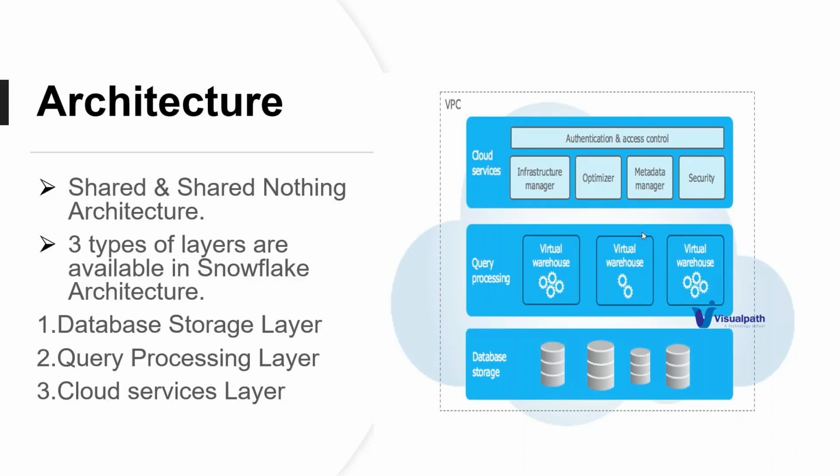And whatever the cloud services layer is handling will not impact the query processing layer or database storage layer, and vice versa. These are purely independent in their activities and works, and the costing part is also different. We will see how it works, what exactly each layer does.